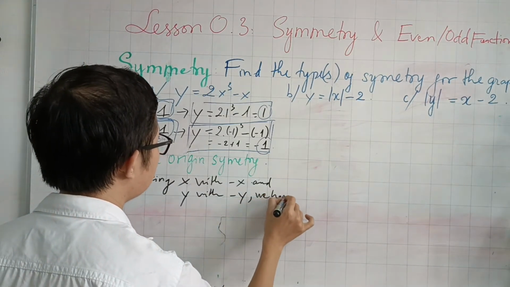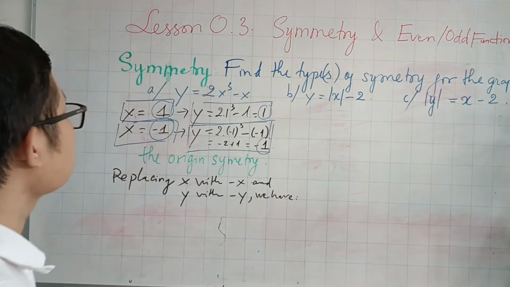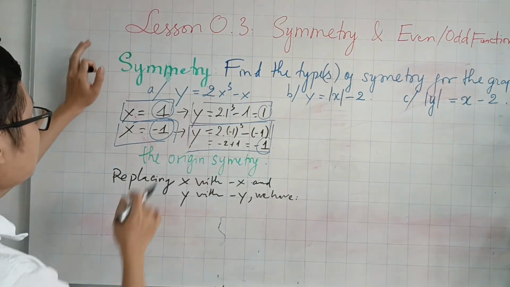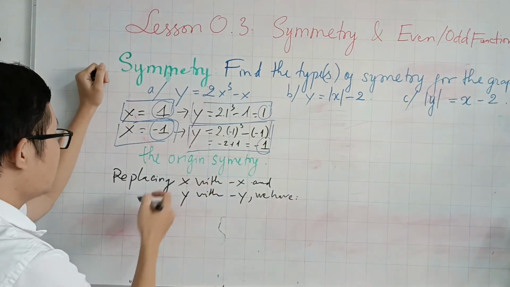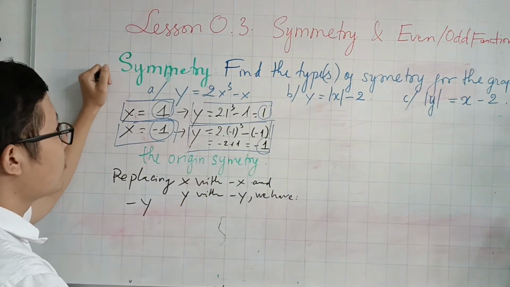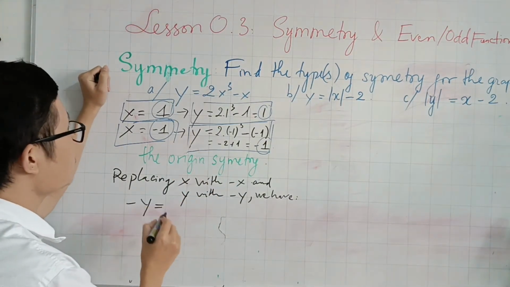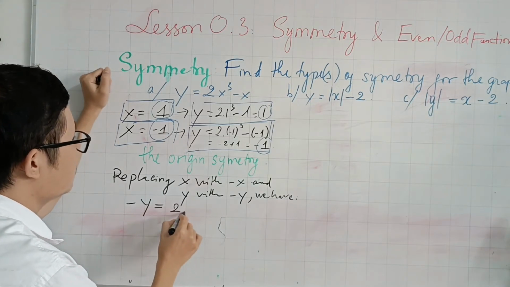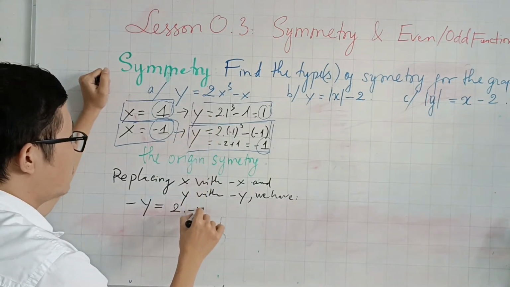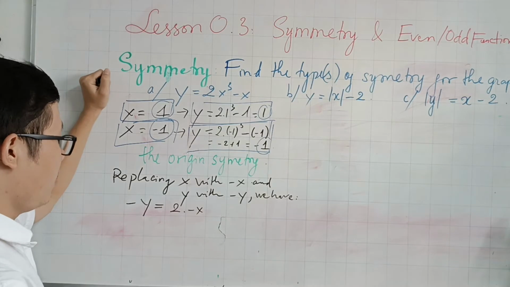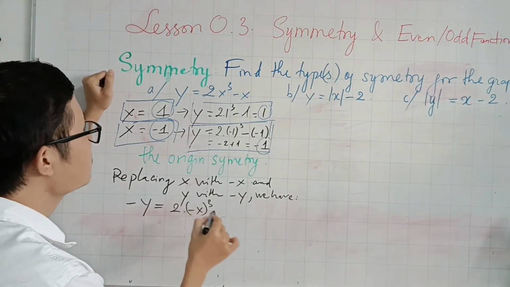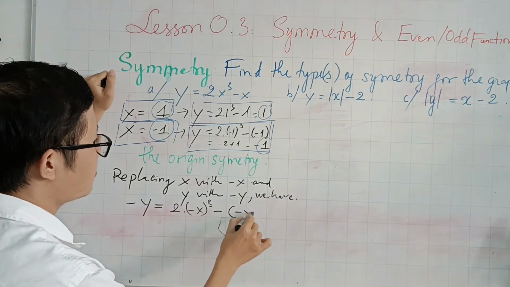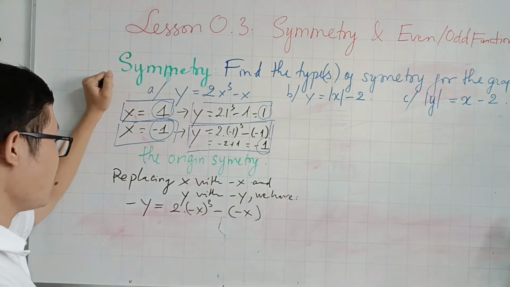So we have negative y equals 2 times negative x cubed minus negative x.